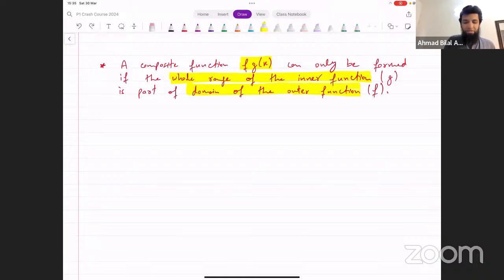Because if any part of the range of the inner function is not part of the domain of the outer function, when the value of the inner function becomes that, the function is going to break and we're going to have a problem. The function f g of x cannot be formed.